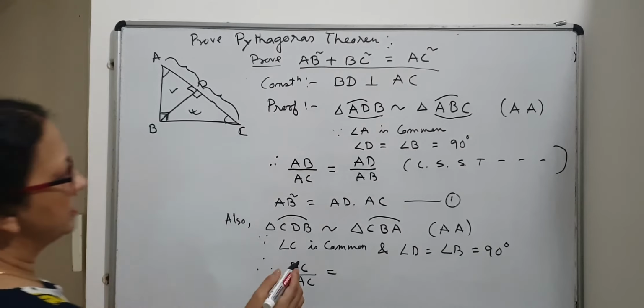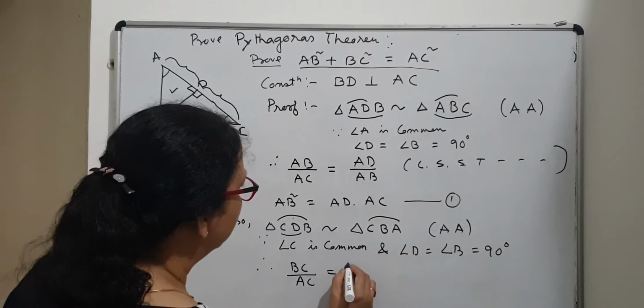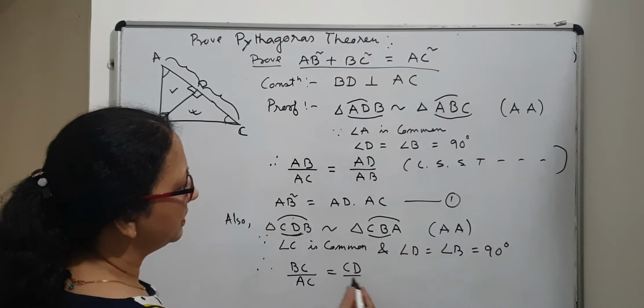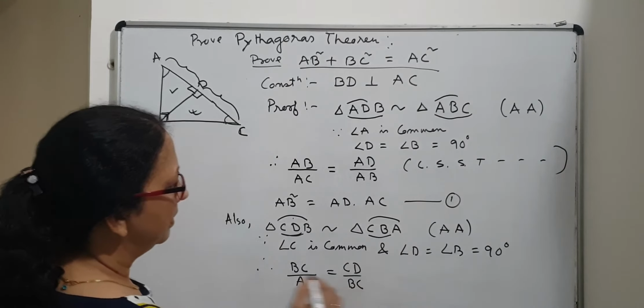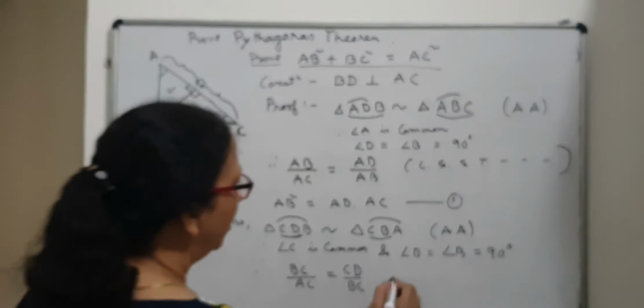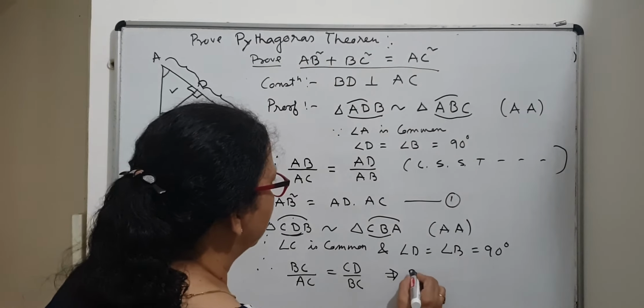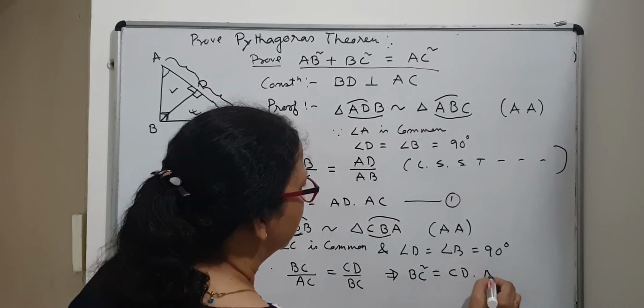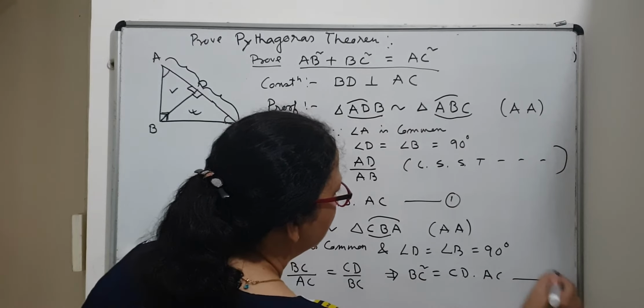So CD, and if I take CD, I have to take CB or BC, all the same. So by cross multiplying, what will you get? We will get BC square is equal to CD into AC. So that is our equation 2.